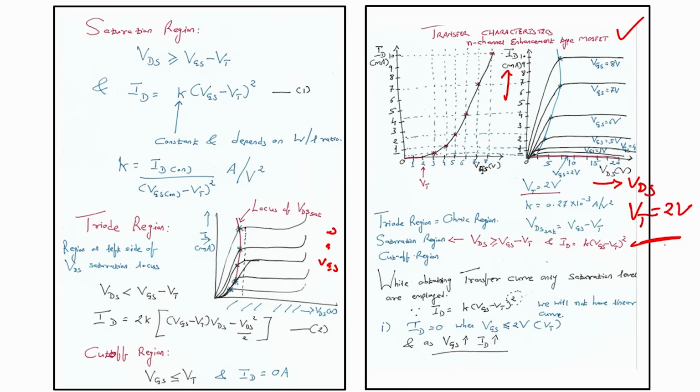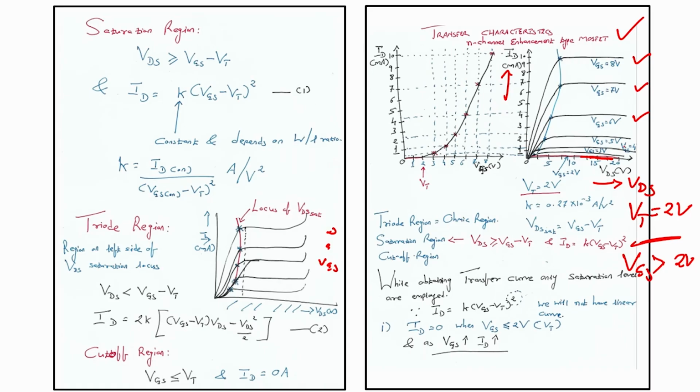Then my gate to source voltage VGS should be greater than 2 volts. What I see here at VGS equals 2 volts, 3, 4, 5, 6, 7, 8 volts: for increasing VGS, I can see increasing drain current depending on increasing drain to source voltage. This is the graph.